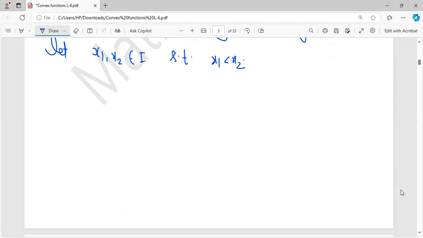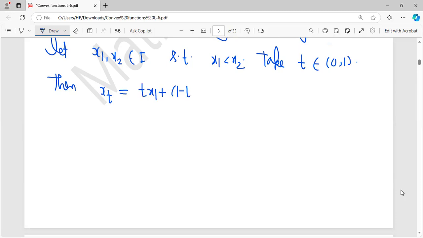Now take t belongs to the open interval (0, 1). Then x_t equals t x1 plus (1 - t) x2 belongs to I, with x1 less than x_t.